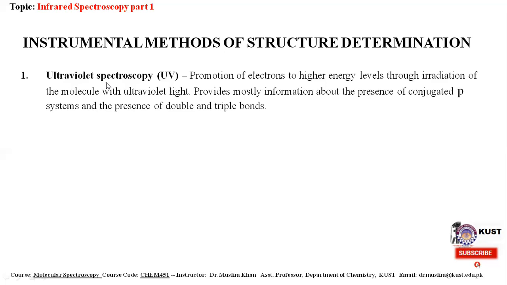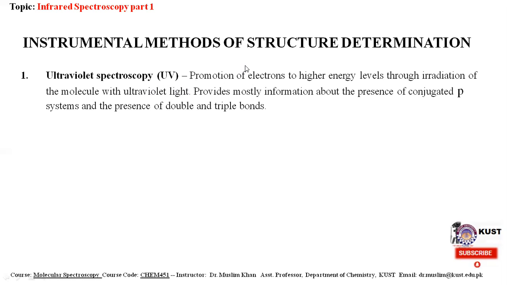When UV radiation interacts with matter, electrons are promoted to a higher energy level through irradiation of the molecule with ultraviolet light. When these electrons go to the higher energy level, they absorb a certain amount of energy in the form of radiation.